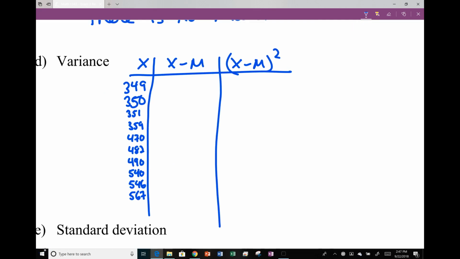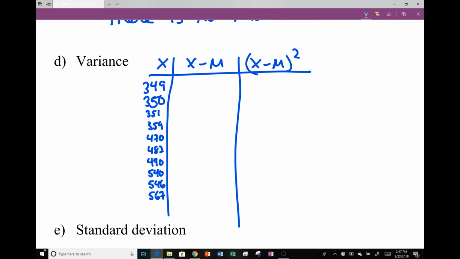Okay, again, I have enlarged this a little bit. I've written in our values. And recall from part A, our mean was 450.4. So we're going to take 349 and subtract 450.4 from it, which gives me a negative 101.4.